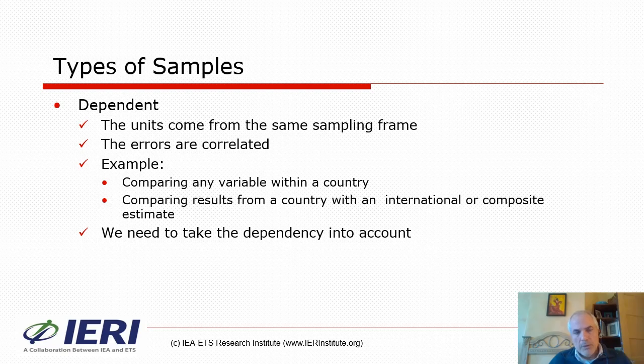Since the boys and the girls were selected from the same school, the sampling error between both samples would be correlated. So anytime that you're comparing a variable within a country, the errors will be considered to be correlated, and also when comparing results from a country with an international or composite estimate. In this case, we need to take this dependency into account when computing the standard error of the difference.